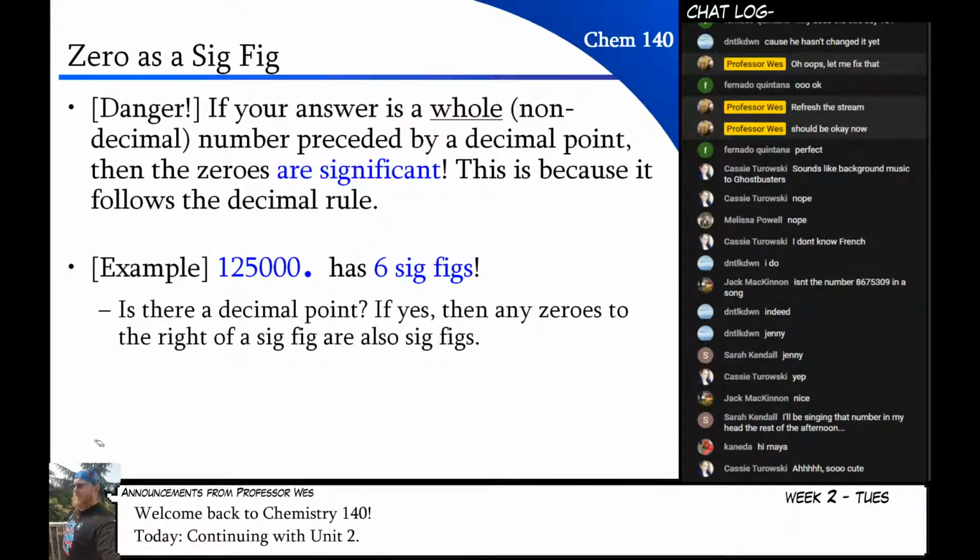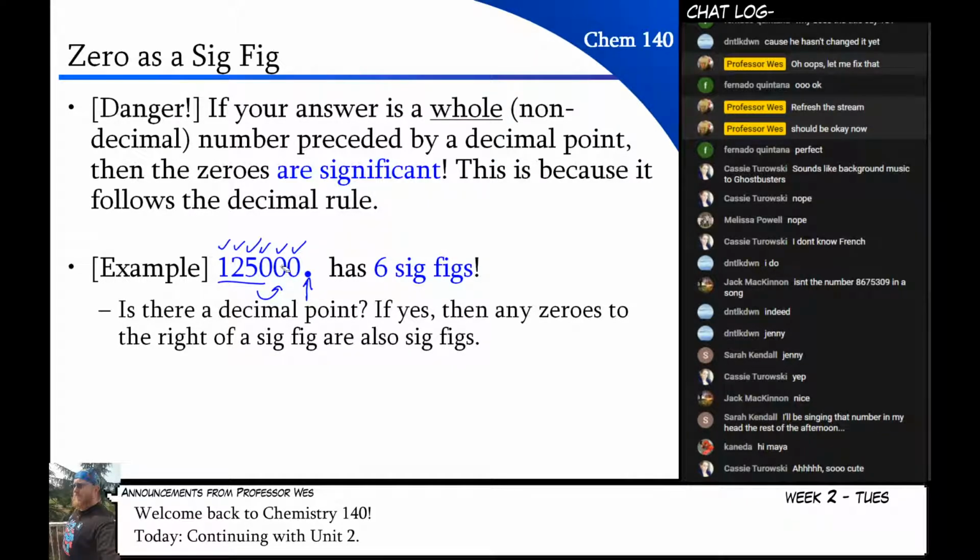Okay? So if you are given a number like this and you have a decimal point, the decimal rule is important. Here are my sig figs. All of the zeros to the right are also significant, and so I would have to count them as significant figures. Even though going like this would scribble them out and change their value, because the decimal point is present there, it is implied that they are known.